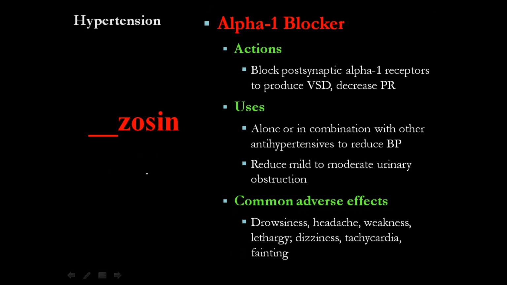Alpha 1 agonist is a vasoconstrictor, so alpha 1 blocker is going to be a vasodilator. But this is not the first line of medication. This is going to be used in emergency situations of urgency or crisis of hypertension.